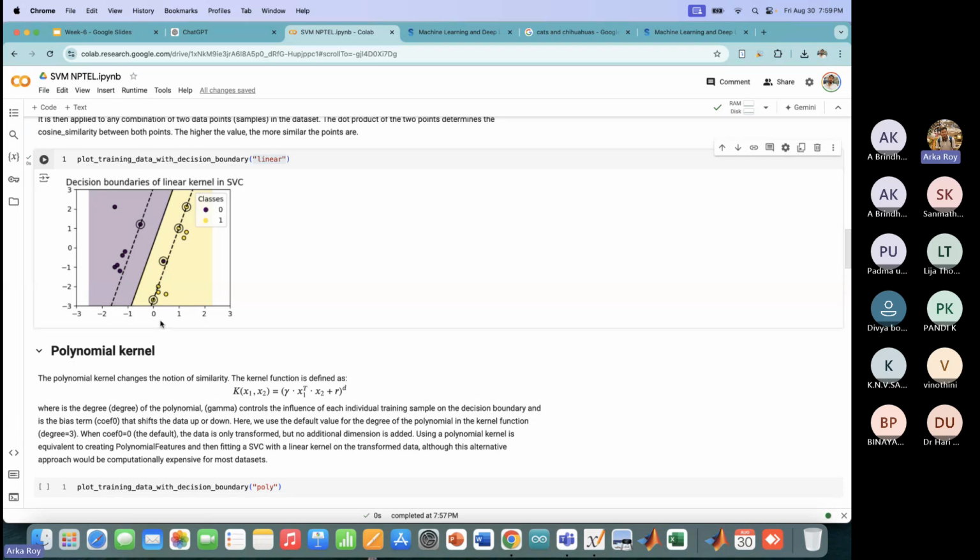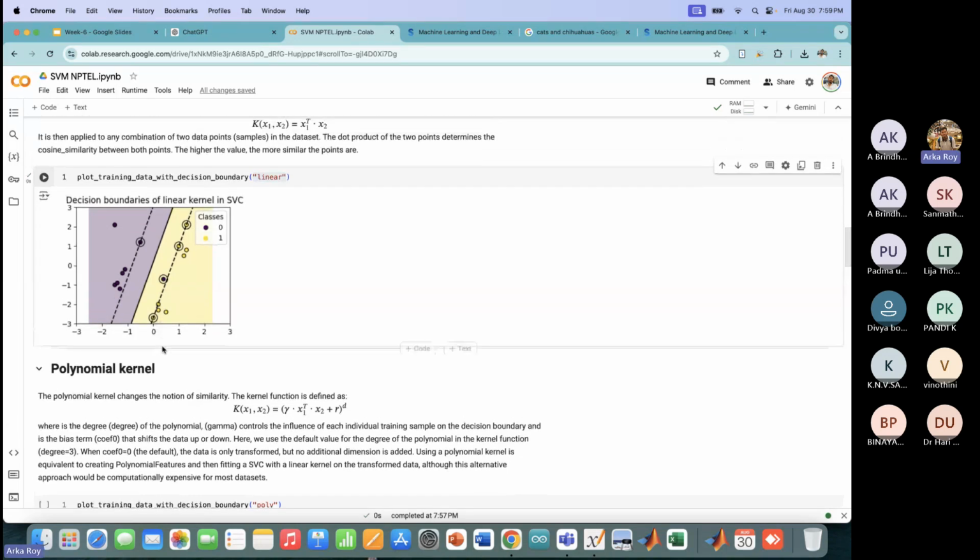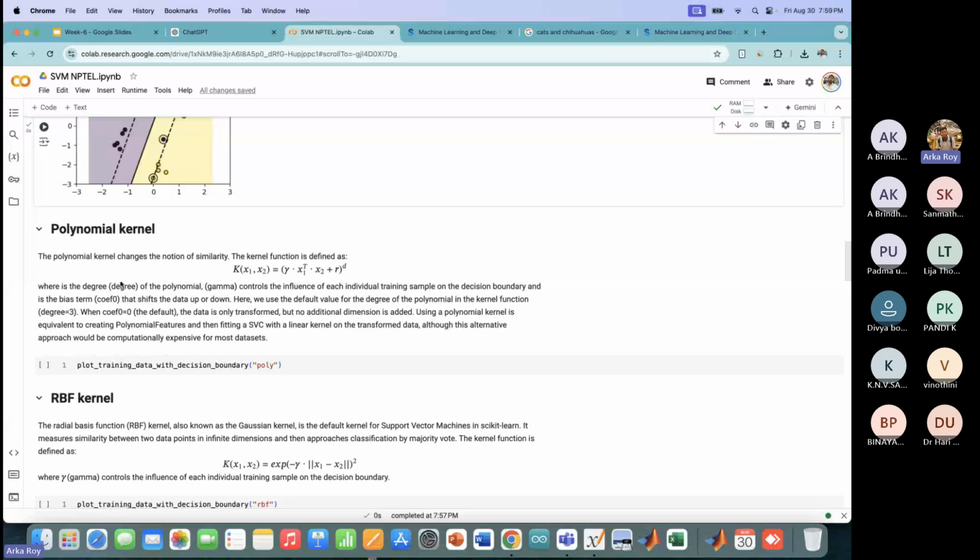Now let us see using polynomial kernel. So when we use polynomial kernel, over here you can see the equation. You have two input features, x1 and x2, and you are multiplying them. So this is basically an x squared term like this.